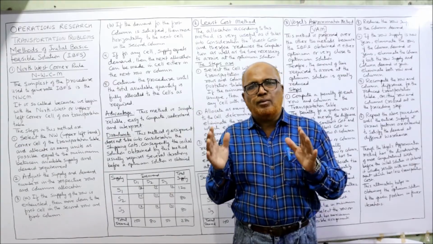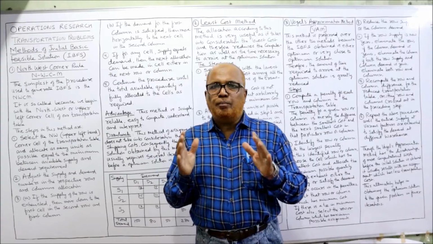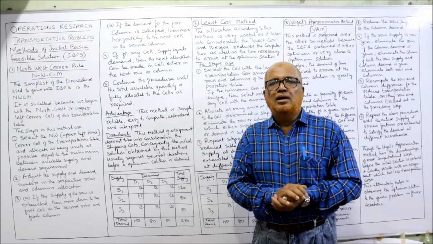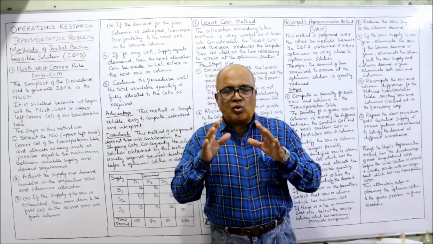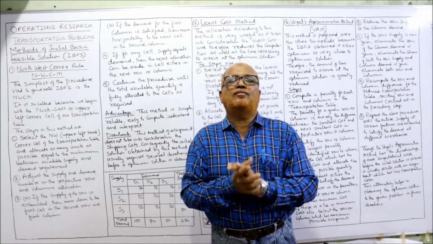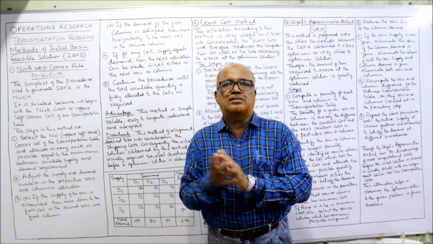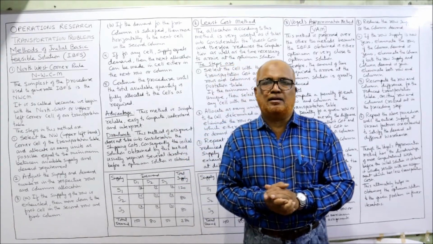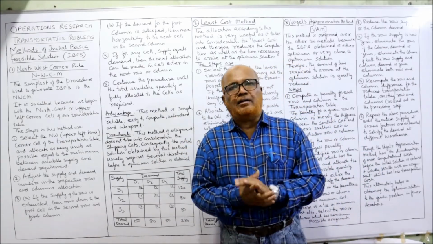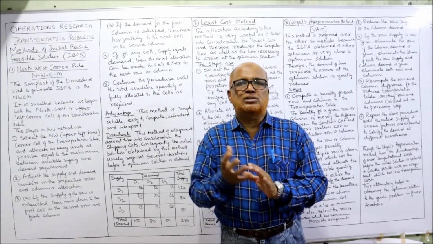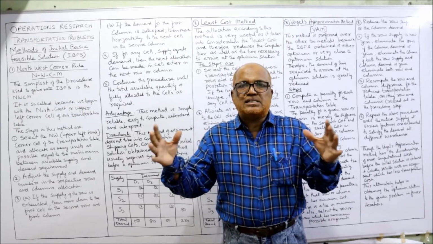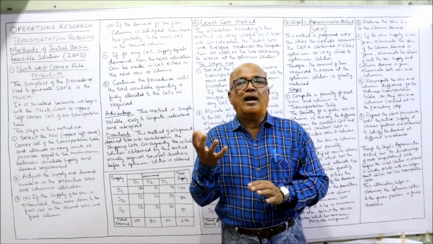Actually, transportation plays a very important role in any economy, and for business decisions, transportation is very important. Transportation will have so many problems and issues, but a particular type of issue will be solved by this operations research technique. So what is that issue? A company may have different factories, different origins where goods are produced or supplied, and different destinations where goods are demanded.